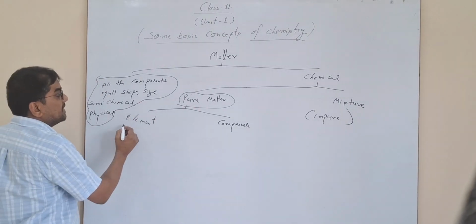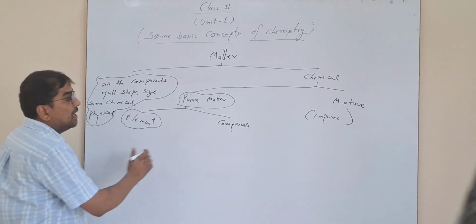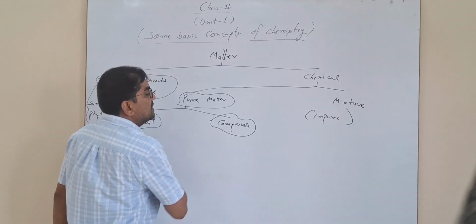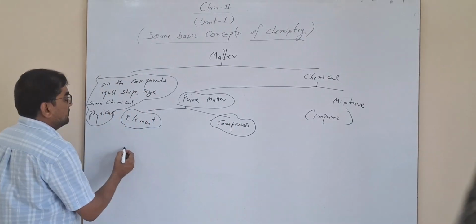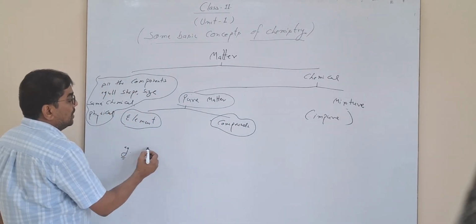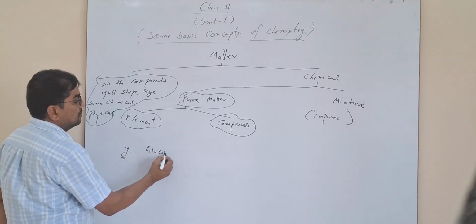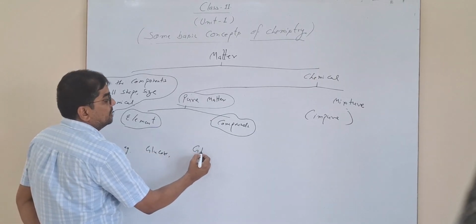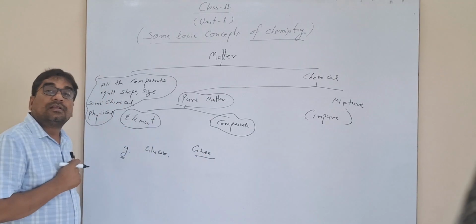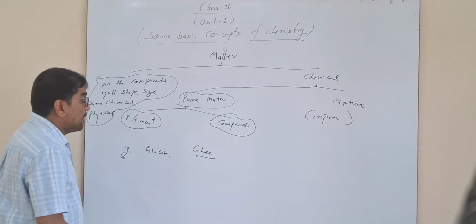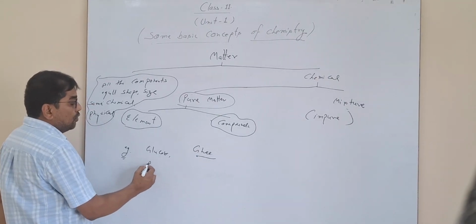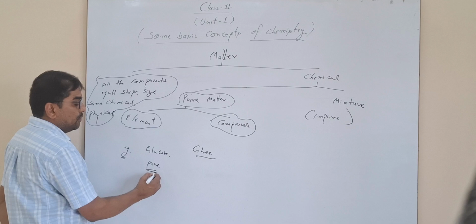It is classified as element and compound. Suppose, for example, glucose and ghee are given to you. Glucose is a pure form of matter.